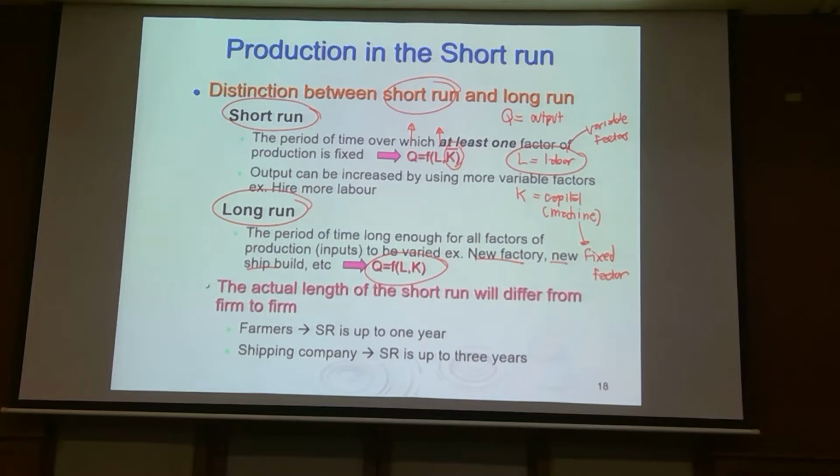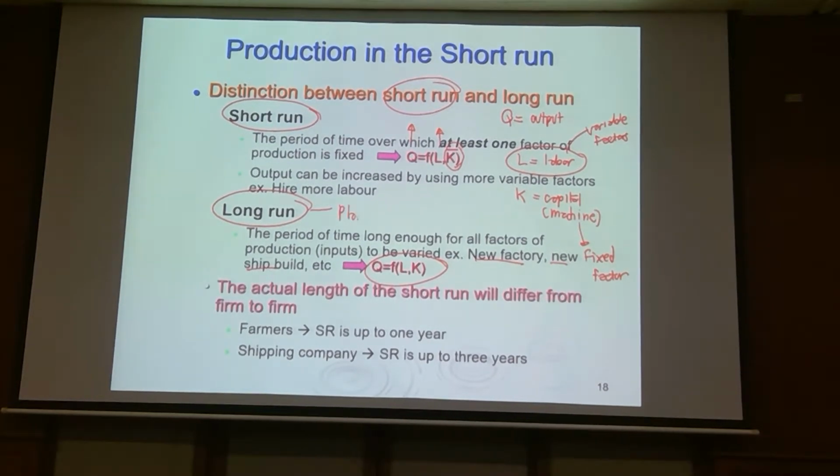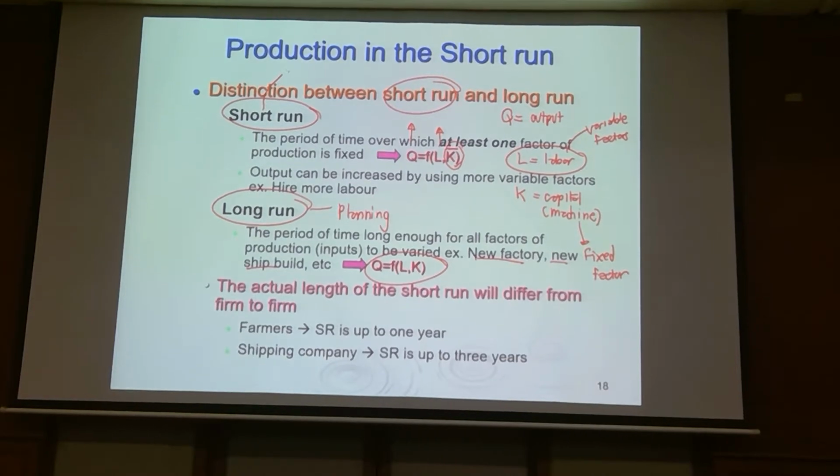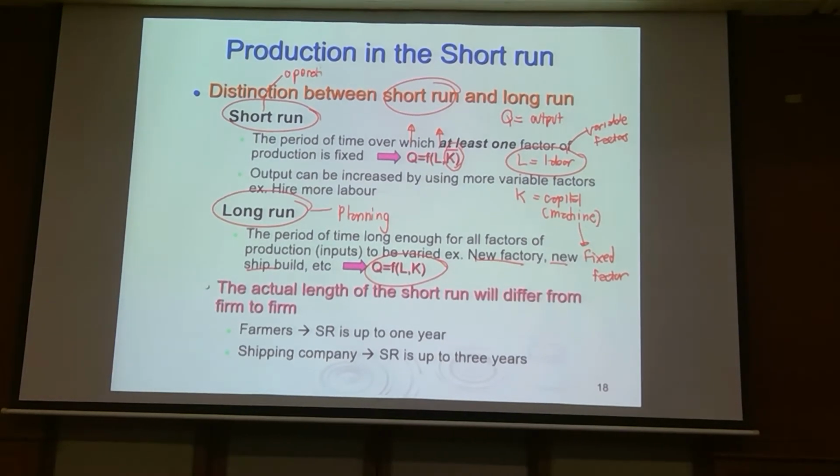Normally production in the long run we don't see, because we consider it the planning stage, right? Before you open your factory to produce the desired level of output, you have to plan beforehand. So the planning stage is the long run production stage. When we talk about production in the short run, it's after you open your factory and start your operation. Basically, the short run production is your operation stage.